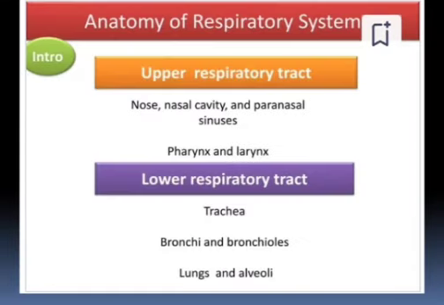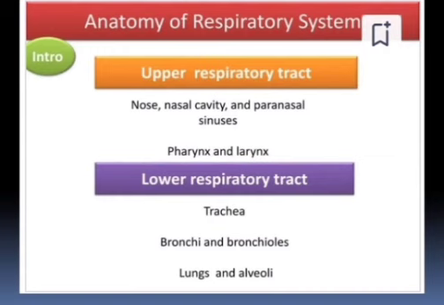Anatomically, the respiratory system is divided into two. Number one is the upper respiratory tract. I said anatomically, the respiratory system is divided into two: one is the upper respiratory tract, and two is the lower respiratory tract.